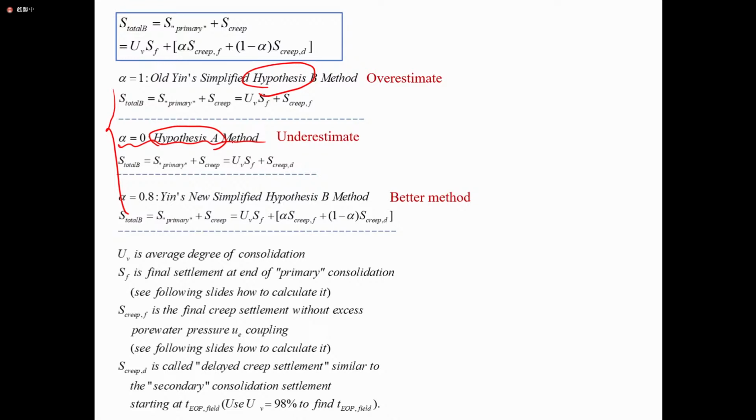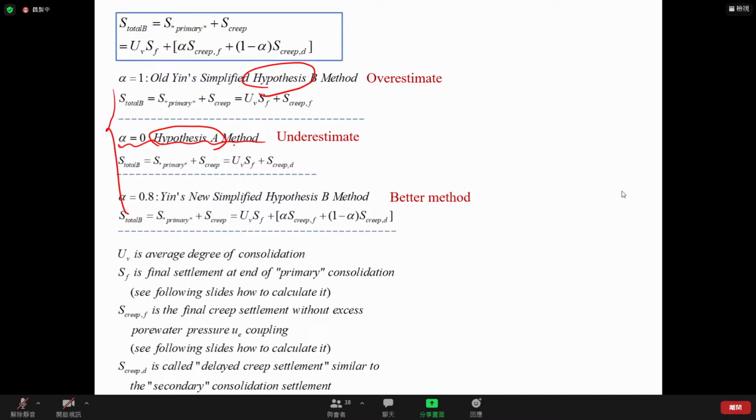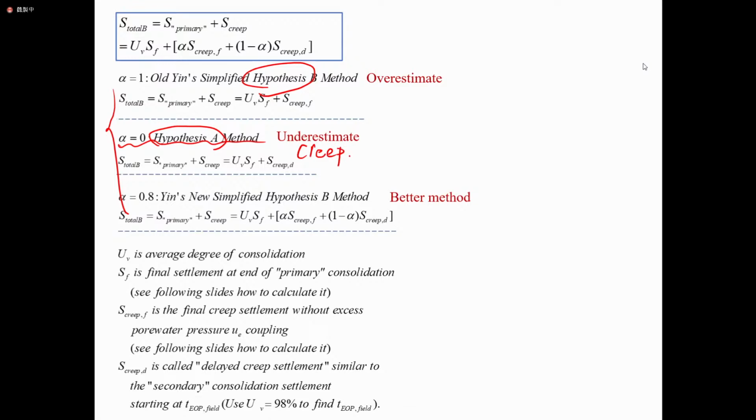So the main difference is that hypothesis A method assumes the creep only occurs after 98% saturation degree has been achieved. However, hypothesis B assumes that creep is only related to the effective stress.